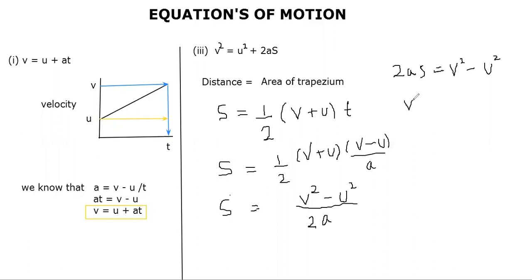The formula would be v square equal to u square plus 2as. And this is the proof of your third equation of motion. You all have to do this in your fair notebook.